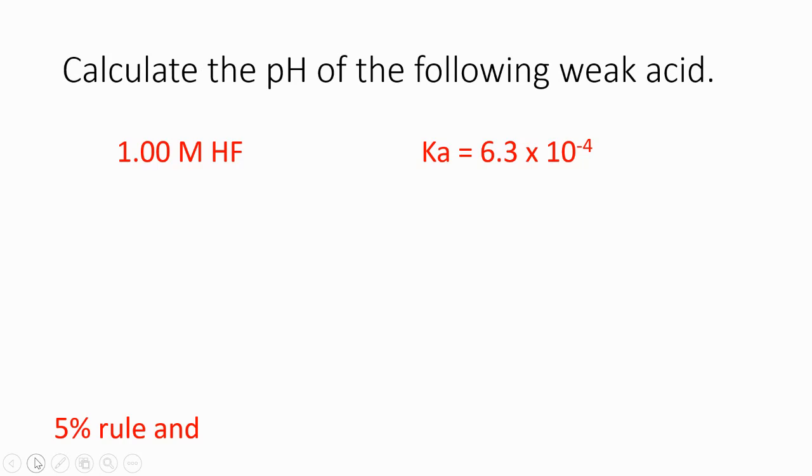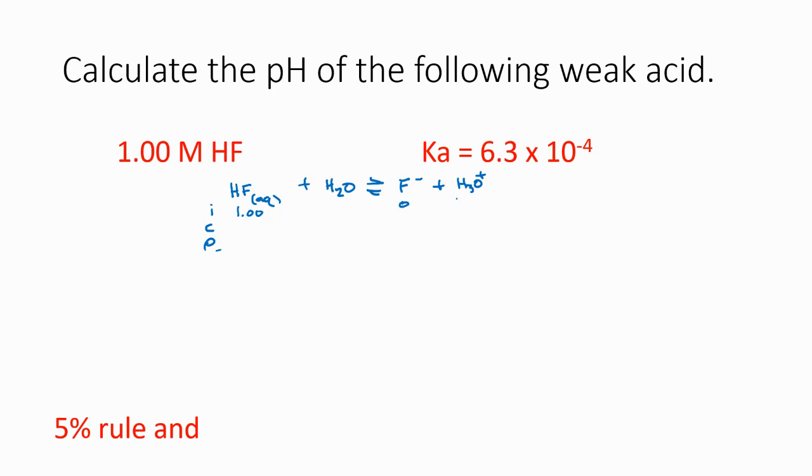Let's say we're asked to find the pH of a solution of hydrofluoric acid. The very first thing we're going to do is put that hydrofluoric acid into water to see what's produced. Here we get F minus and we get H3O plus. I can set up an ICE table like we did in the previous unit to look at what happens between our initial conditions and equilibrium. Here I start with 1 molar HF.